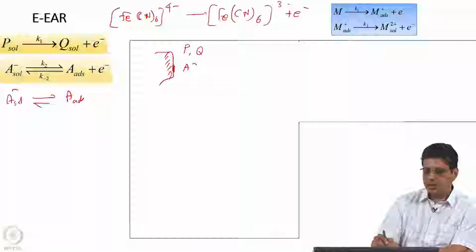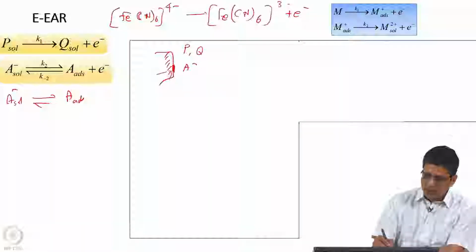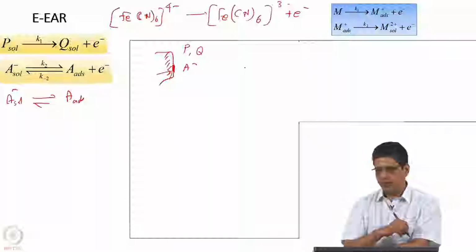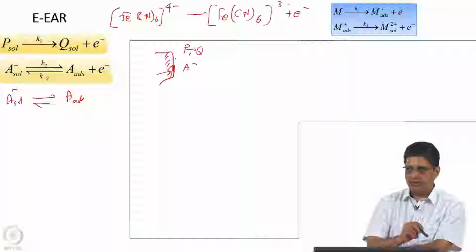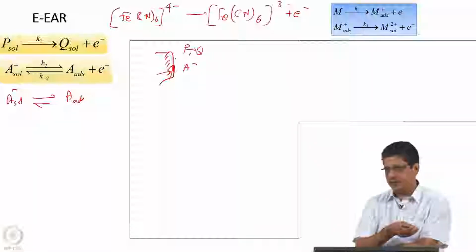It can adsorb on the surface and release an electron. It can also take up an electron and come out into the solution. This P going to Q, we are going to assume right now that it is just one directional. We can also take the reversible reaction, it is just going to be a little more complex than this.